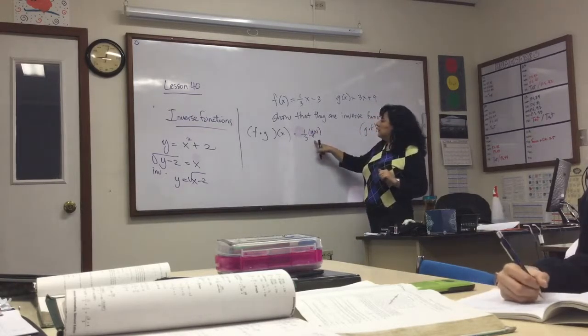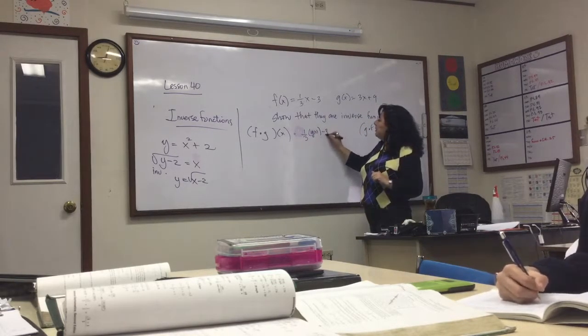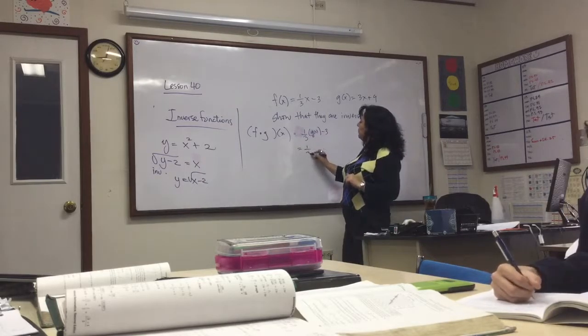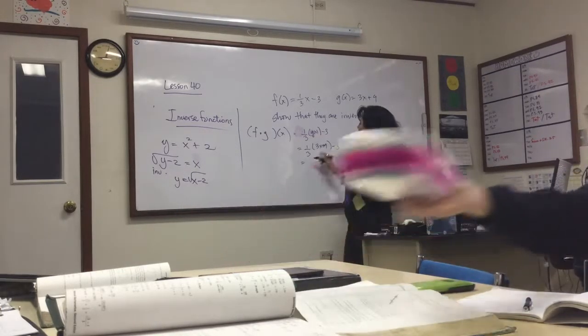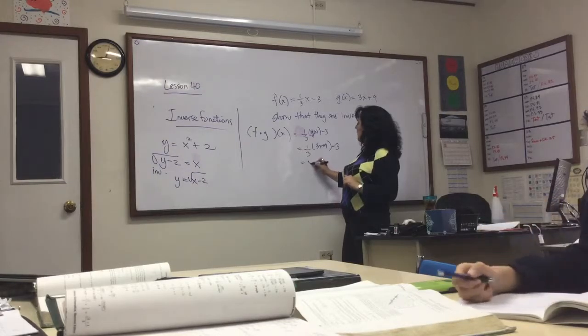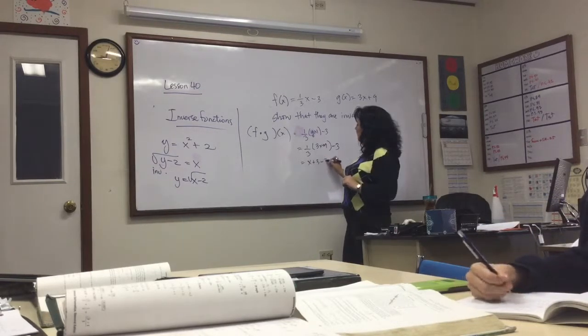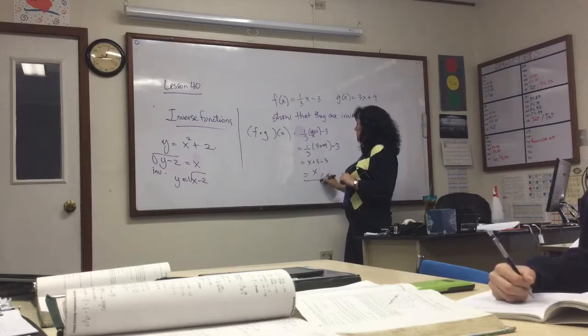This is x plus 3 minus 3, which equals x. This one checks out.